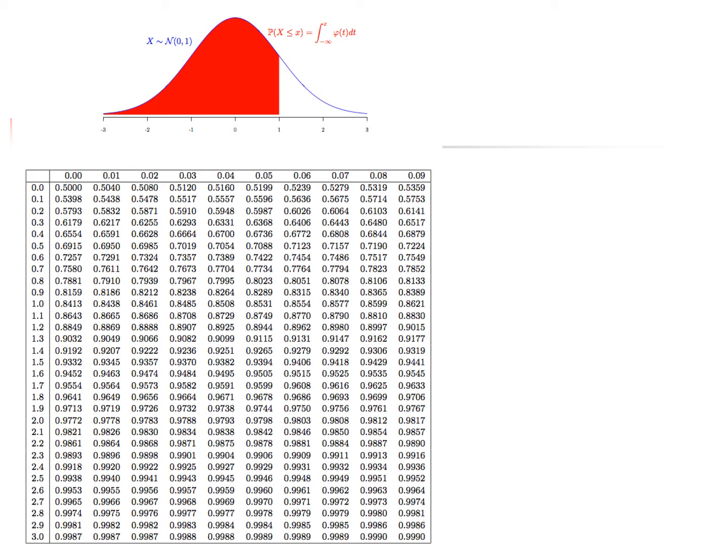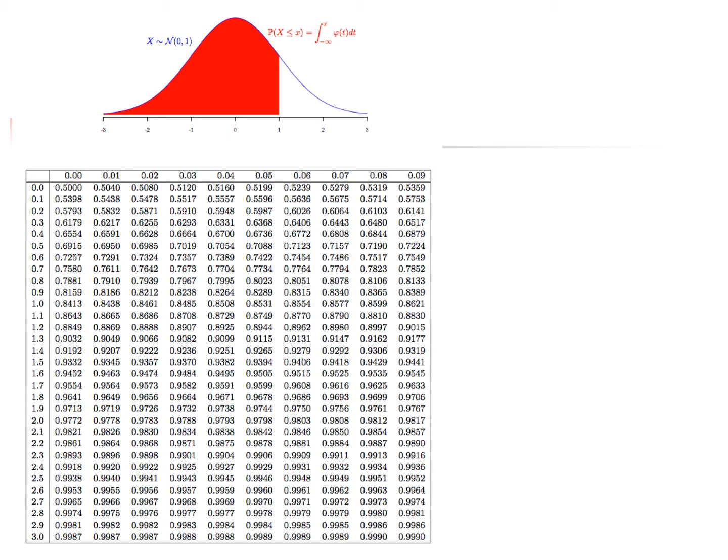What we've colored in that picture is everything to the left of the value of 1. That area is the probability that Z is less than or equal to 1. We can find that area using the table below the picture. We just have to look up the value 1.00.